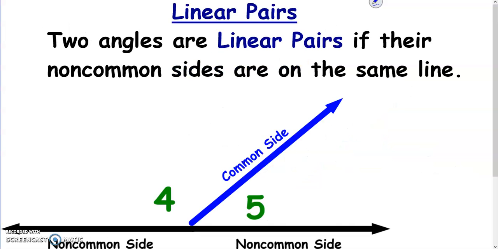Two angles are linear pairs if their non-common sides are on the same line. Basically, a linear pair are two angles that form a line. So here's the line, and then they share this common side. So they are adjacent because they're right next to each other, and they have that common side there.